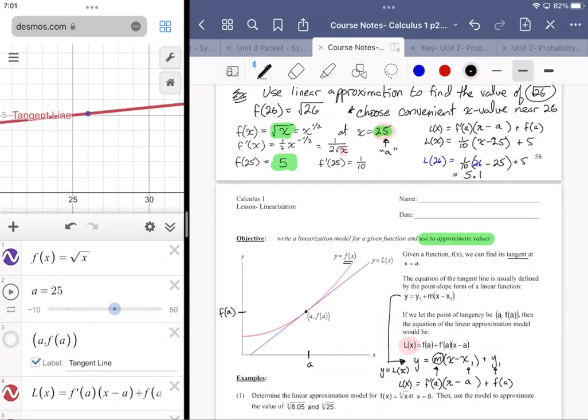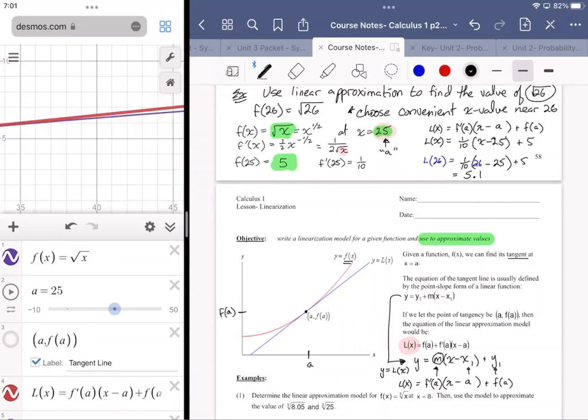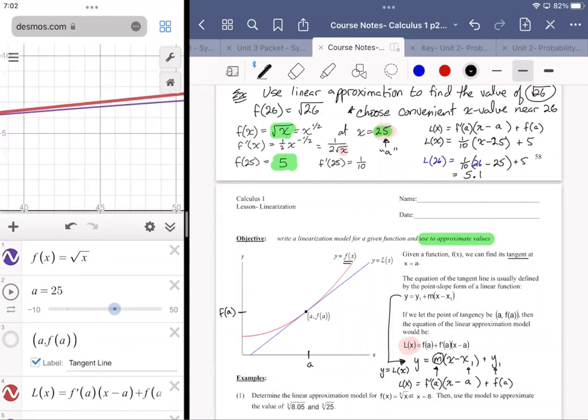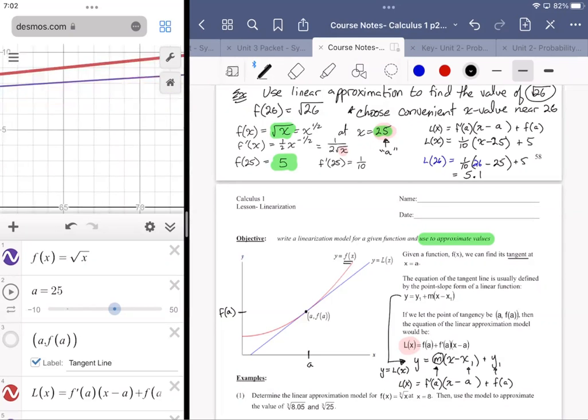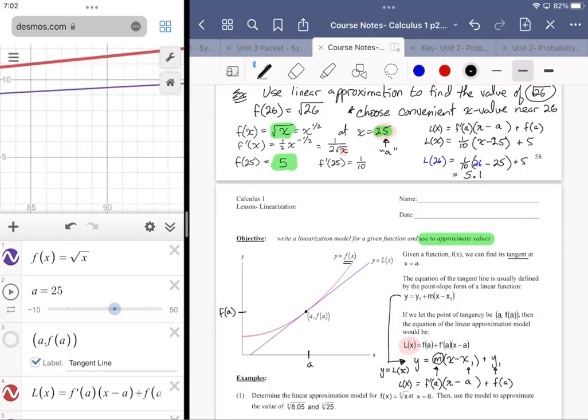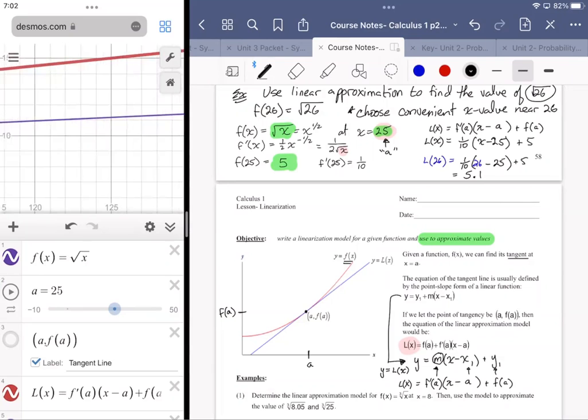So I could have found a reasonable approximation of the square root of 30 with this tangent line, square root of 40 even, but then it starts pulling away. At 45, I'd have a little bit more deviation because the tangent line is going off on a tangent. It's deviating substantially now. At 50, 55, 60, I'm losing the accuracy of my approximation the further away I get from that point of tangency.